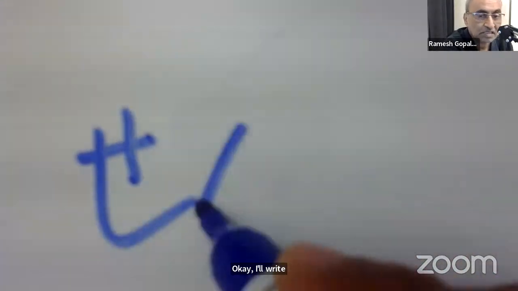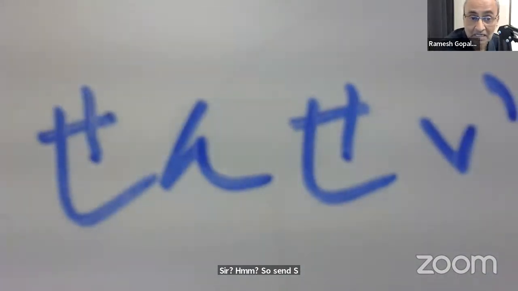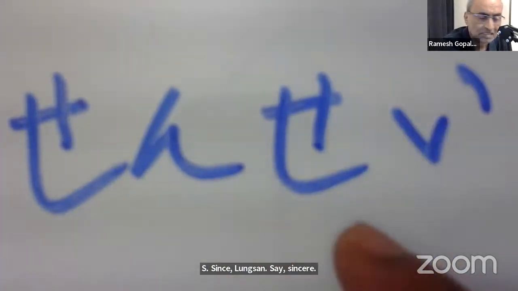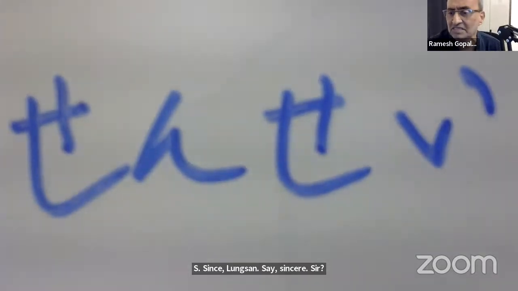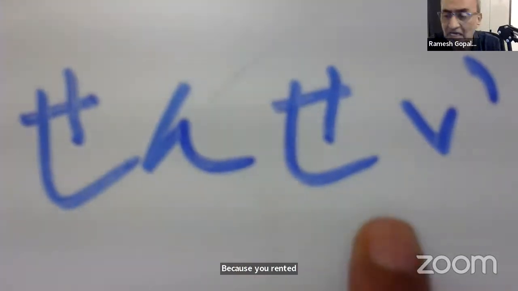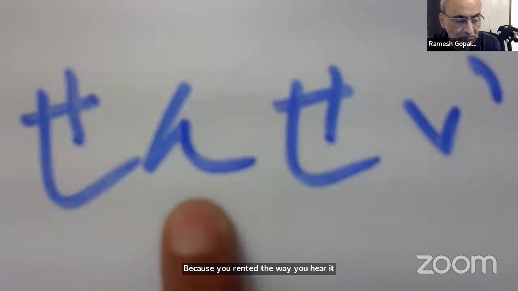Se, sen, se, sensei, long sound, se, se, I. Very easy to write Japanese. If you know the kanas, it's very easy to write Japanese because you write it the way you hear it. Se, se, I. See how many syllables? Sensei.